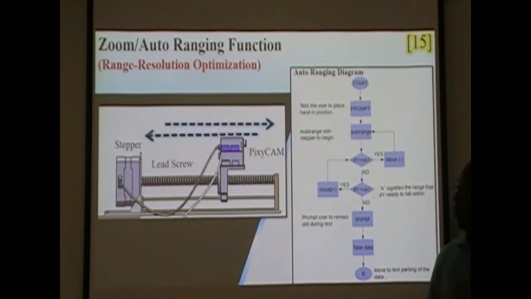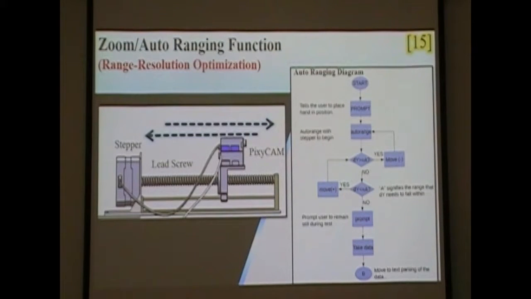We decided to develop an automated system that allows the camera to be moved back, further away from the patient's hand, which decreases the apparent size of the oscillations so we're able to gather data better.